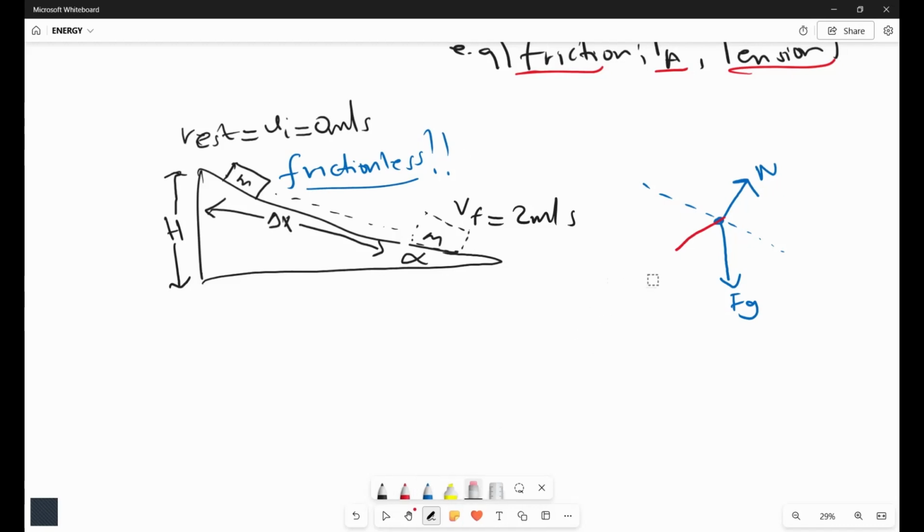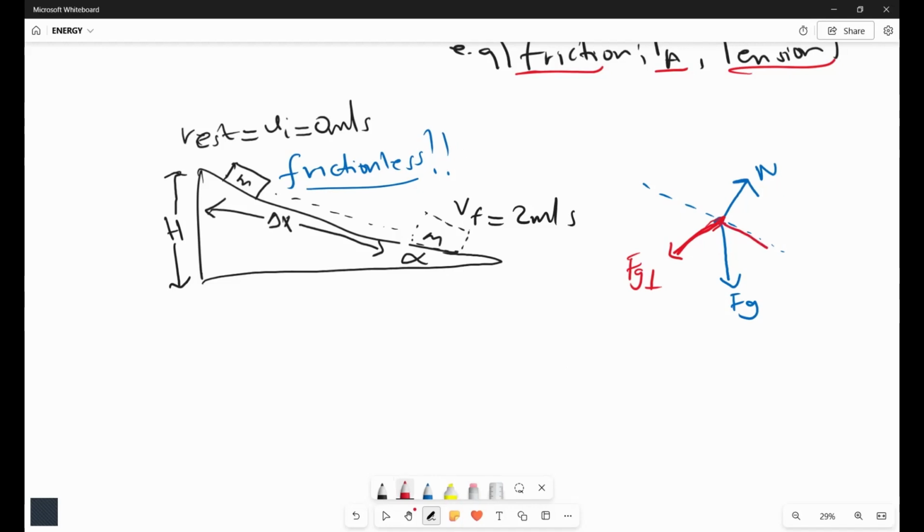I think it should be straight. With the normal force, it should be equal to the normal force. It's fine. It should be equal to our normal force.